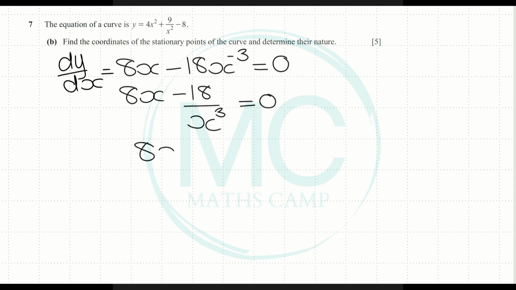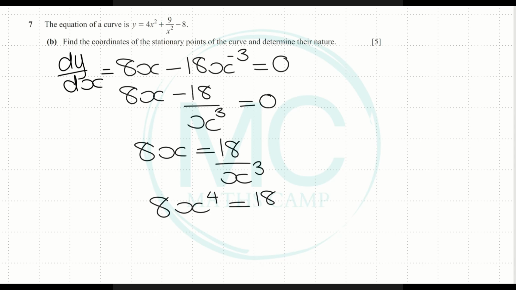I'm going to get 8x is equal to 18 over x cubed. Let's multiply the x out and we get 8x to the power of 4 is equal to 18. To get x by itself, divide both sides by 8. And we see that x to the power of 4 is equal to 18 over 8.